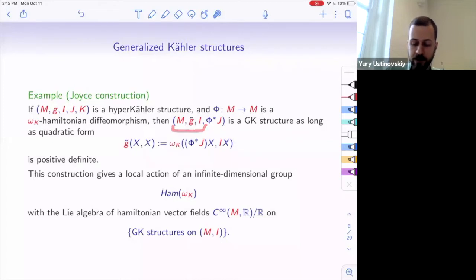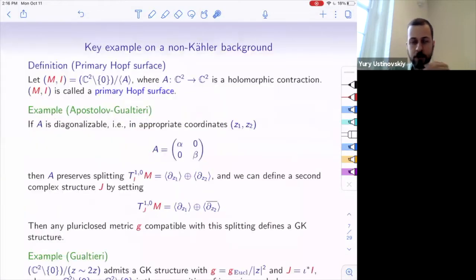It is a non-Kähler structure, but the manifold itself, if you forget about the metric as well, is still Kähler. So as a complex manifold, it's still a manifold admitting Kähler metrics. So it's interesting to also find something else beyond this Kähler world, which we started with.